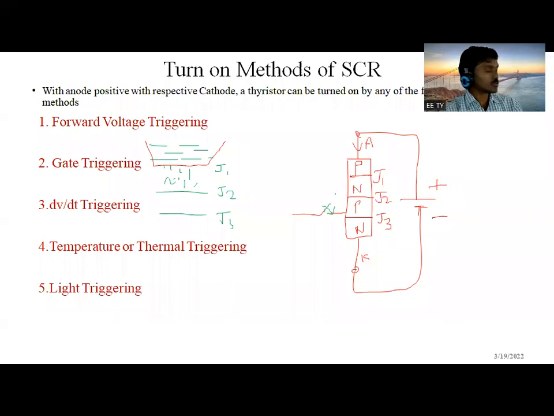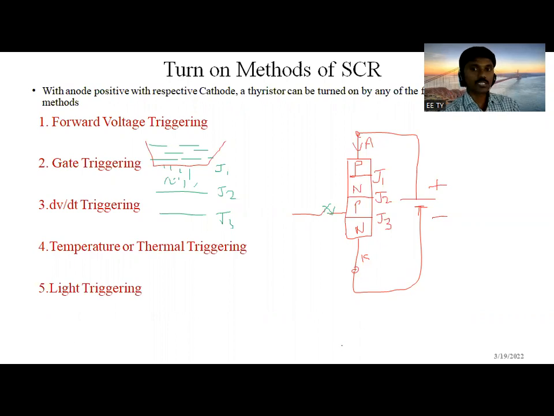Okay, so then what will happen? Whatever depletion layer is present at junction J2 will vanish, and when it has vanished, current flows from anode to cathode because J1 is already forward biased and J3 is already forward biased. So junction J2 also became forward biased by giving some amount of voltage to the gate circuit.